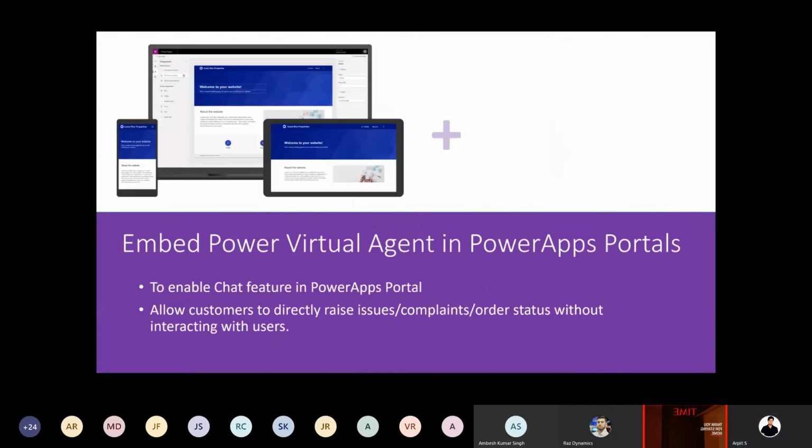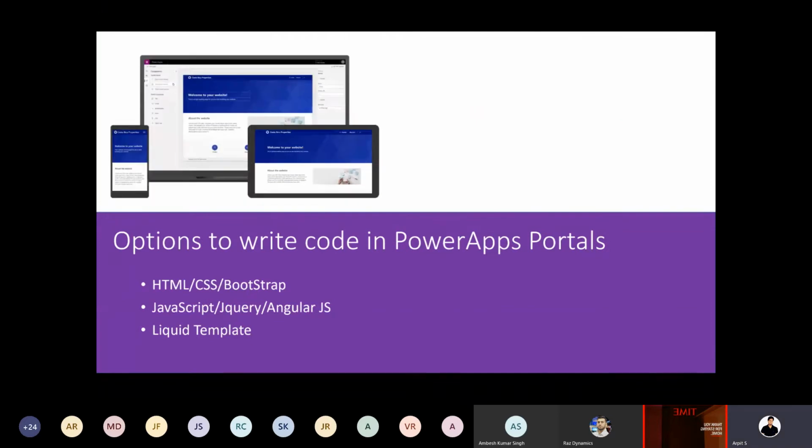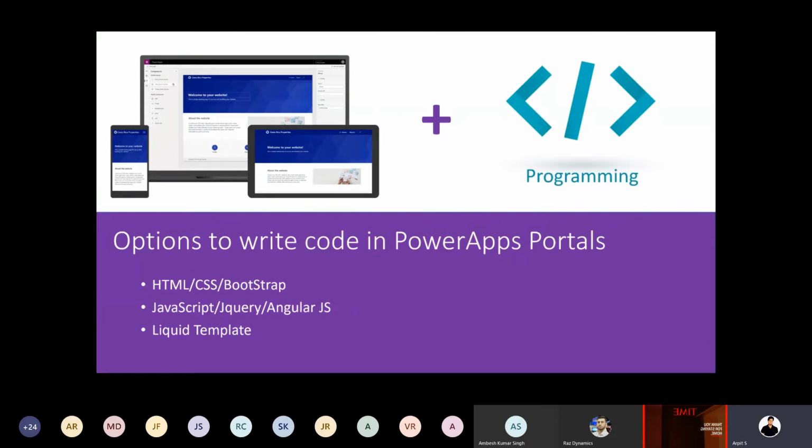Let's have a look at the options to write code in the PowerApps portal. Those who are portal developers and worked on the earlier portals fairly know what options we have to write PowerApps portal code. PowerApps portal supports HTML, CSS, and Bootstrap.